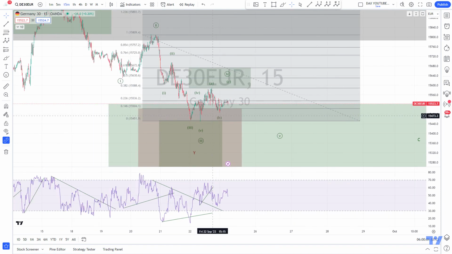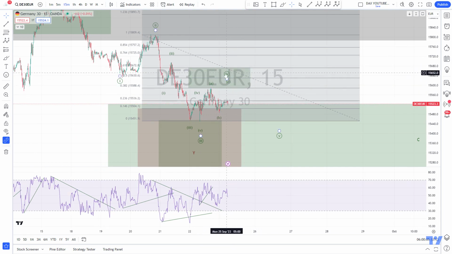So if this becomes a wave 4, I think the chance is high that we are doing an ABC here, so that we go deeper into this area before we reverse to the downside. So that might actually be a short opportunity if we go back into this area as a nice ABC.